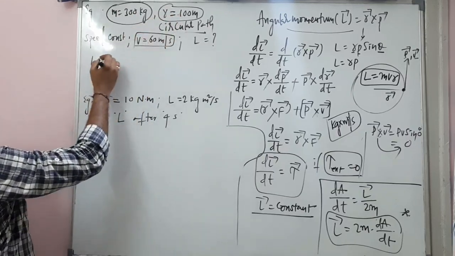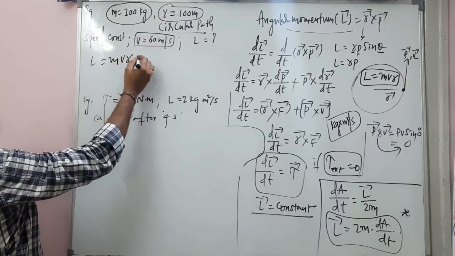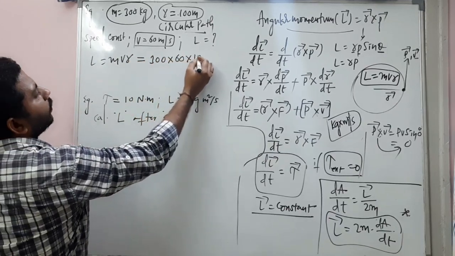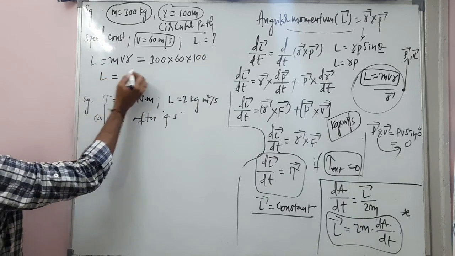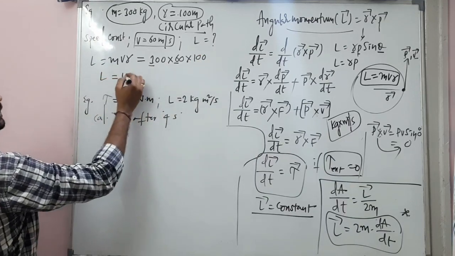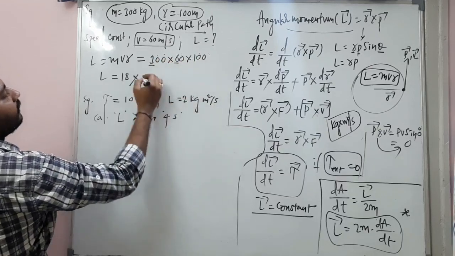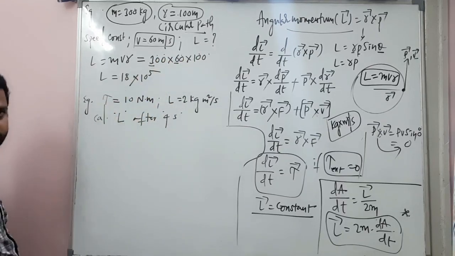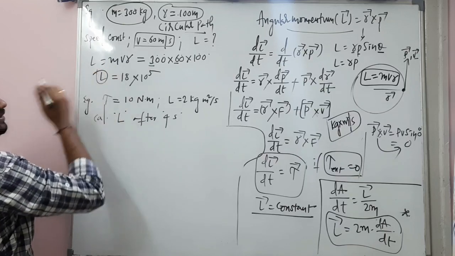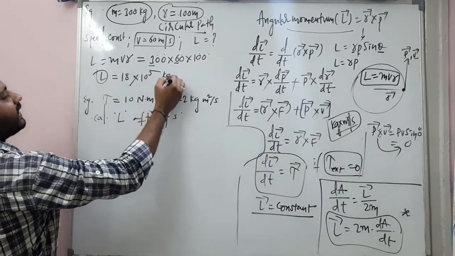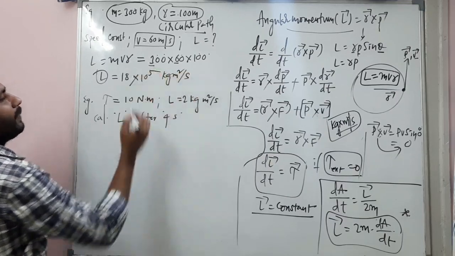Angular momentum is equal to mvr, 300 into 60 into 100. Angular momentum is equal to 3 into 6, it's 18, into 10 raised to 5. And the SI unit of angular momentum? kg meter square per second.